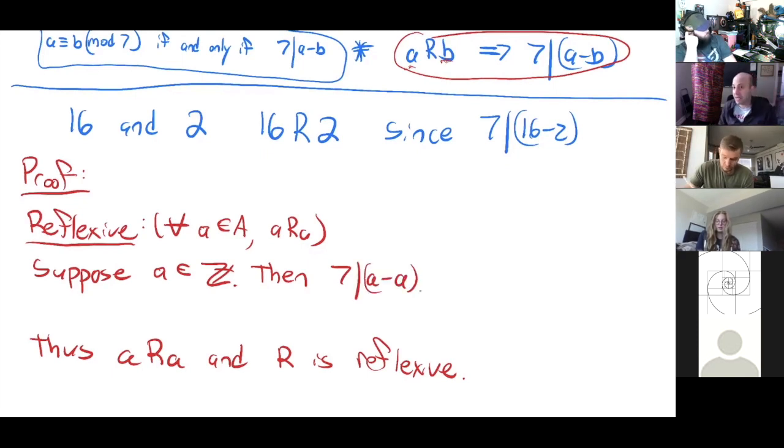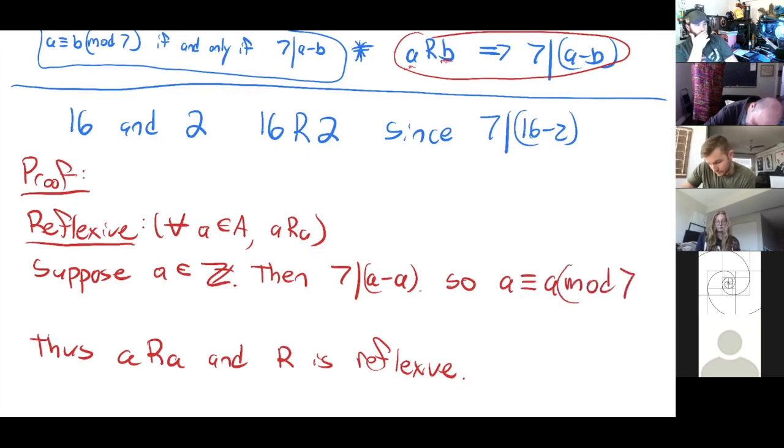Okay, 7 divides A minus A. Anything divides 0. So since 7 divides their difference, that is an equivalent definition to saying that they are congruent mod 7. And thus, it's related to itself.